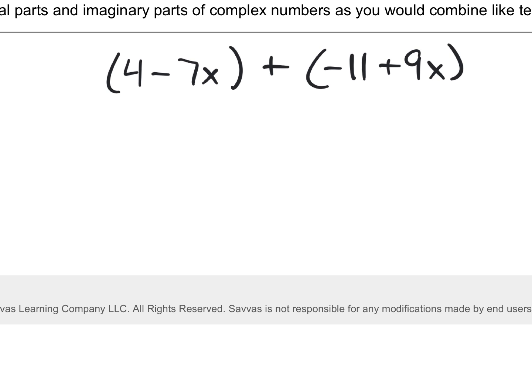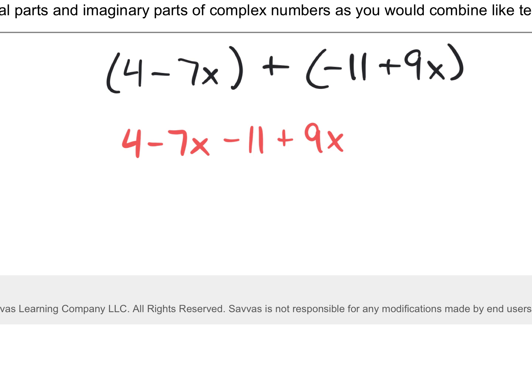They're adding. Does adding change anything of the second parentheses? No. So, since we're adding, we're just going to take the parentheses away. I didn't change any signs. All I did was take the parentheses away. How do I finish simplifying this right now?